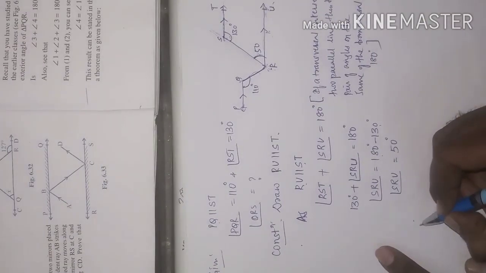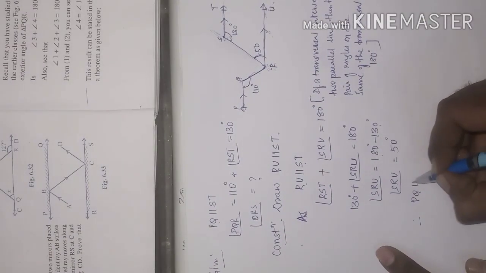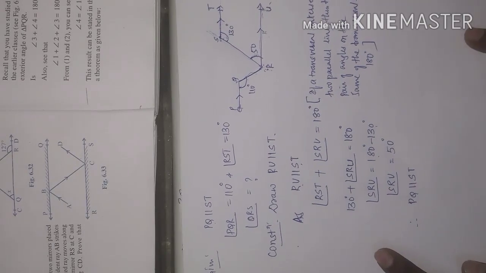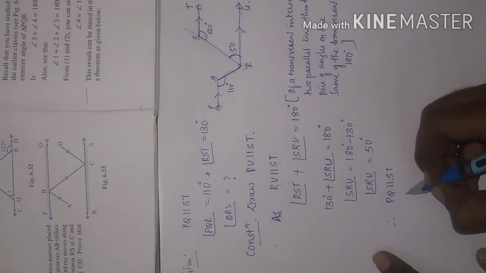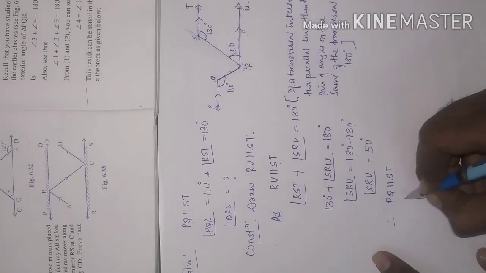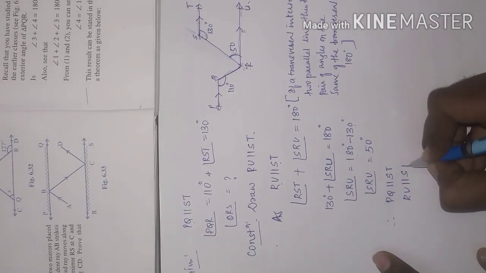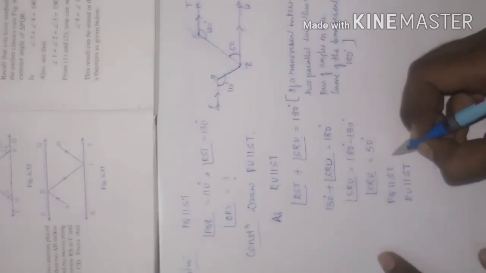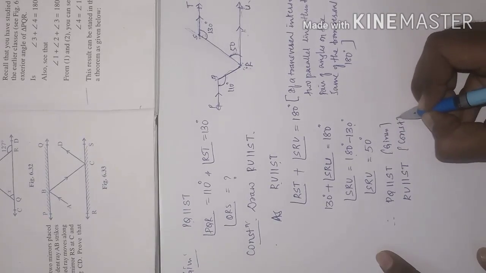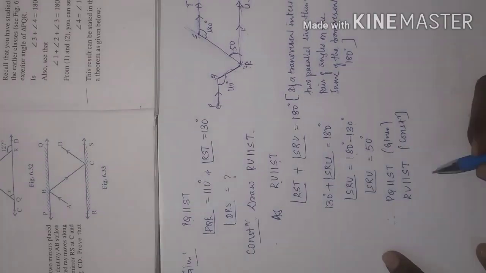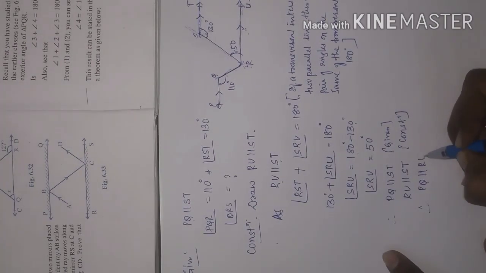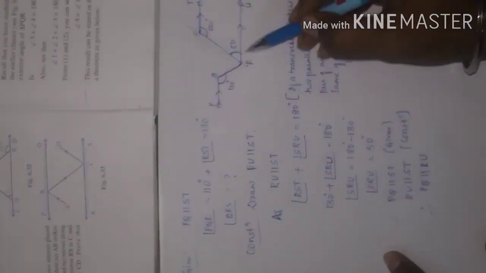This is under the given part and this is under the construction part. Therefore PQ is parallel to RU, we can say this.